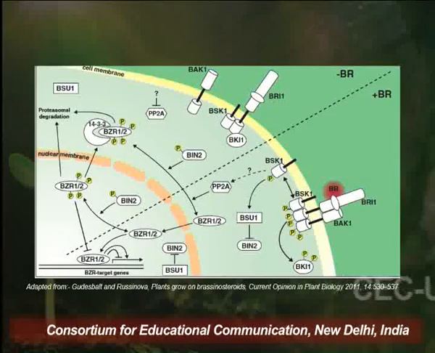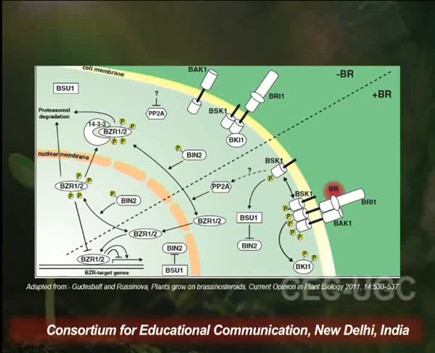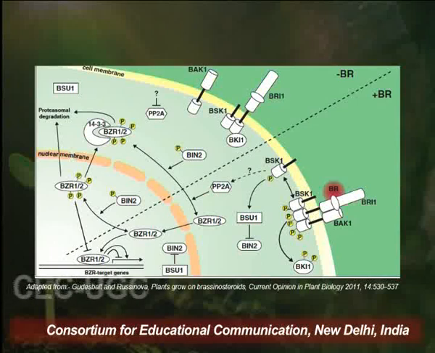So here you can see in this picture, it is divided into two parts through a dotted line. The upper part is the condition when brassinosteroids are absent. You can see that to the receptor complex BSK1 is attached, then another second receptor kinase is there, that is known as BAK1, and to the BRI1 kinase or the receptor, BSK1 is attached.